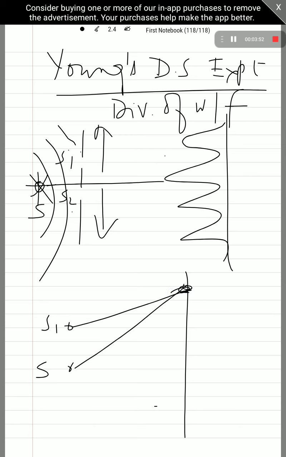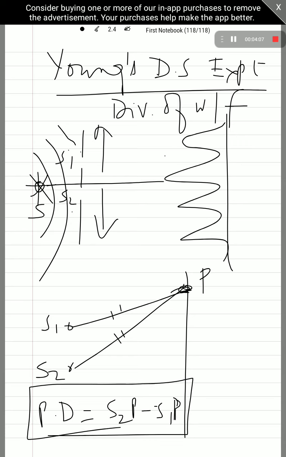We are going to calculate the path difference between the two, S1P and S2P. So the path difference will be S2P minus S1P. So this will be calculated.